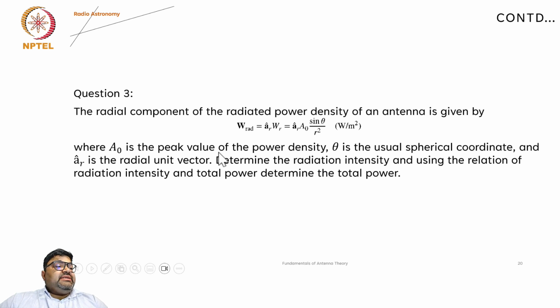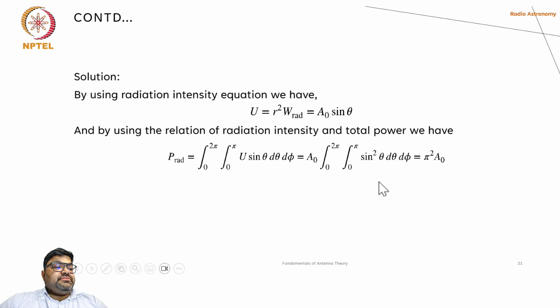A0 is the peak value of the power density, theta is the usual spherical coordinate, and AR is the radial unit vector. Determine the radiation intensity, and using the relationship of radiation intensity and total power, determine the total power.